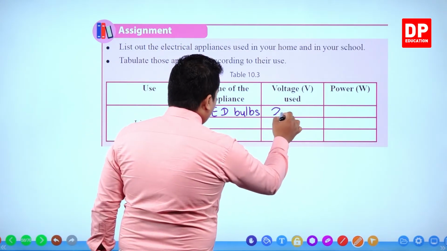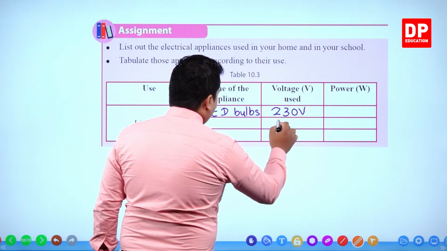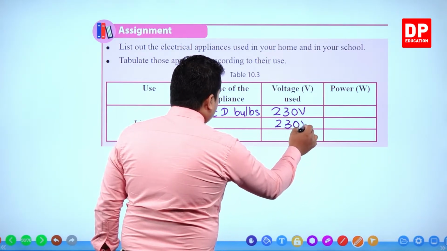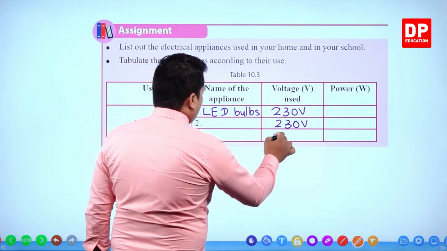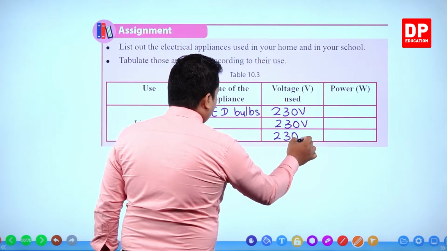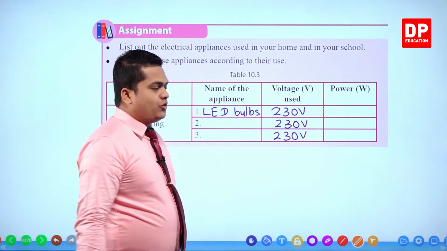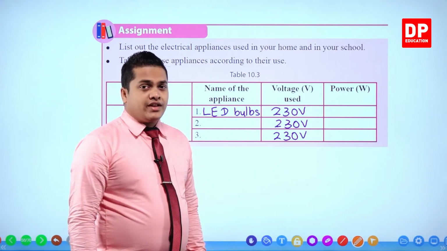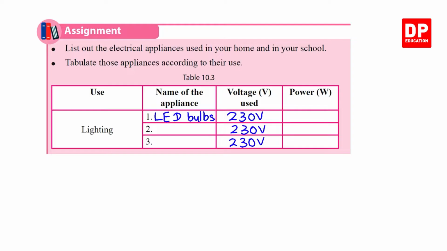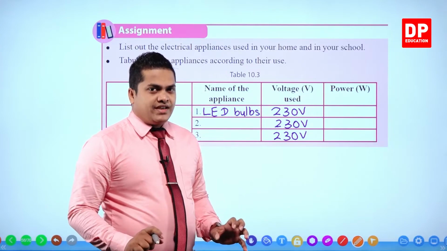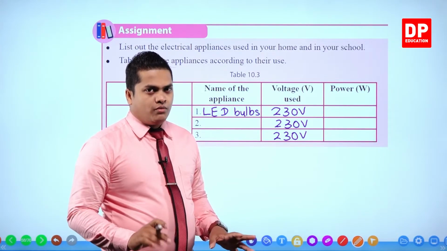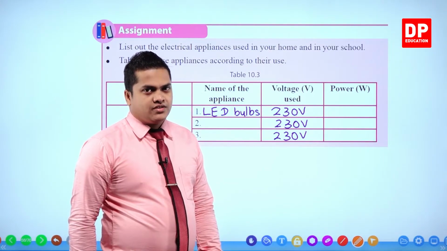Voltage is usually 230 in each and every bulb, no matter the type of bulb. At your home, you are connecting it to a direct supply of voltage, no? So the maximum possible voltage received at your home is 230 volts.